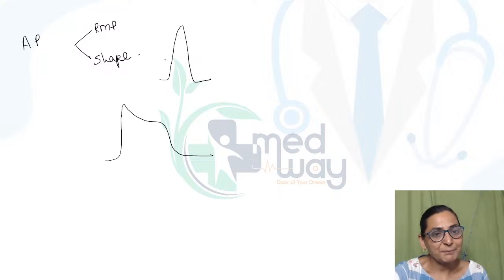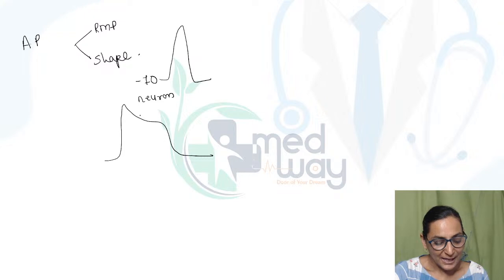Now, if there is a spike and if it is minus 70, obviously we know it is a neuron. Right?